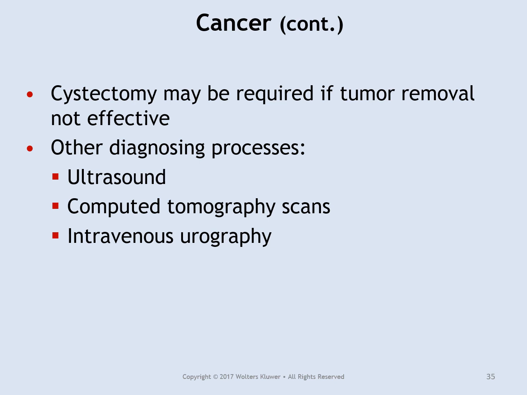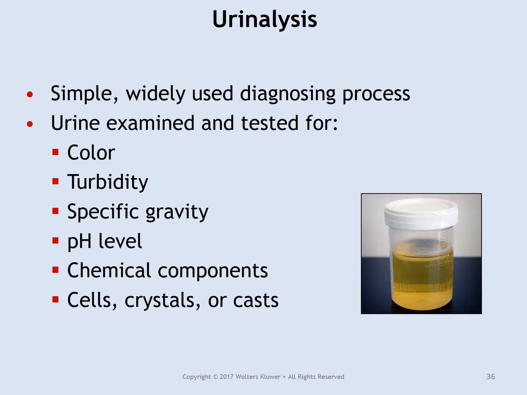You may have to go in and remove the tissue with a cystectomy. And ultrasounds and tomographies and urographies will also be ways that cancer specialists will be able to look and see what kind of cancer it is and what stage it is, and explore the treatment options.